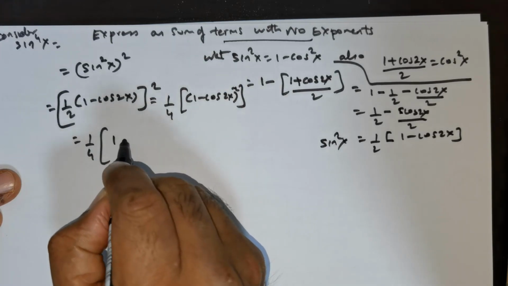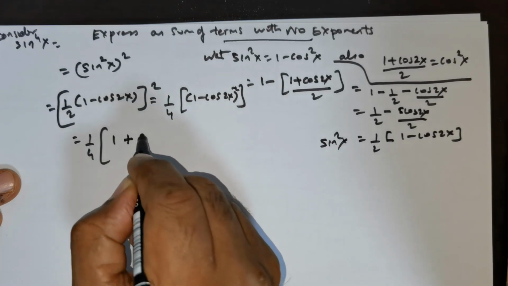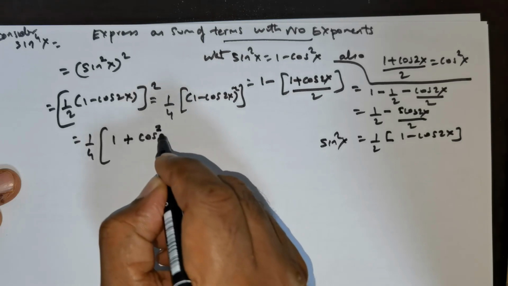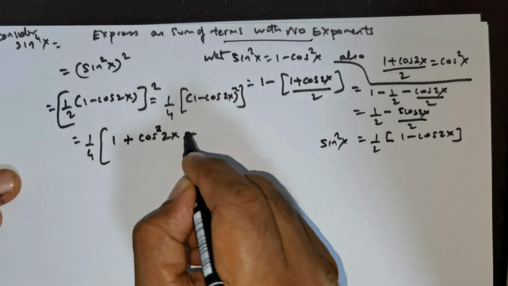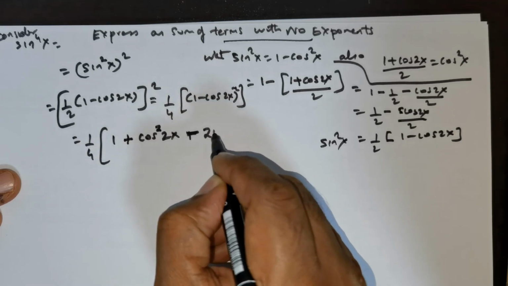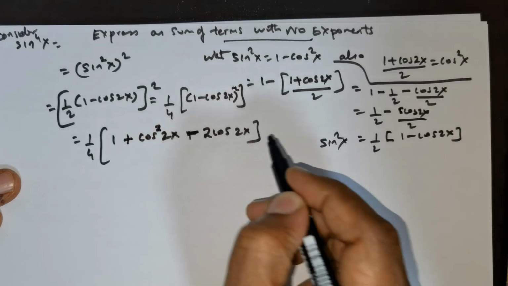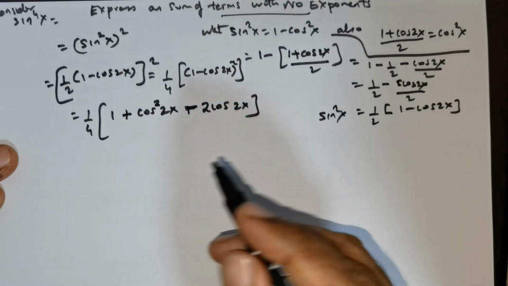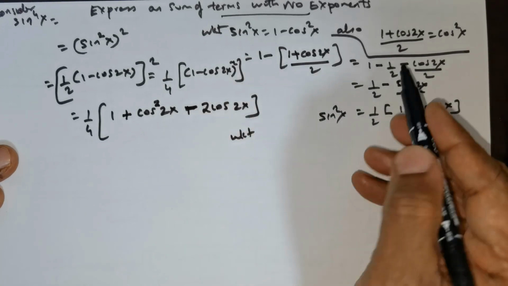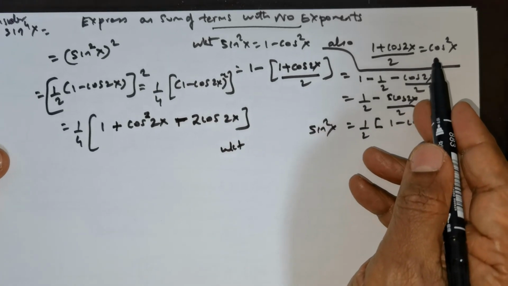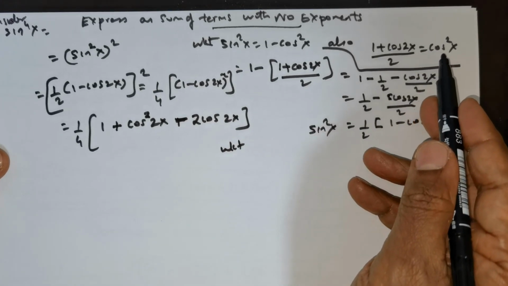This is going to be 1 + cos squared 2x followed by -2 times cos 2x. Now I will be utilizing the same formula, cos squared x.